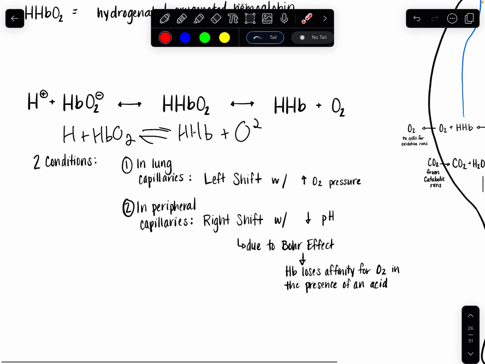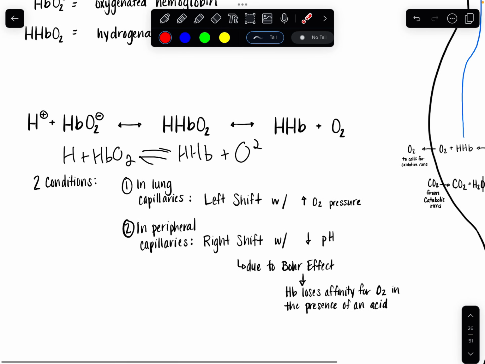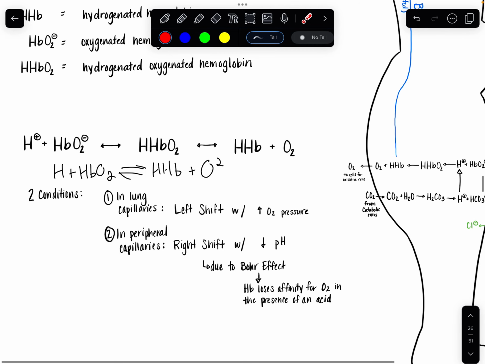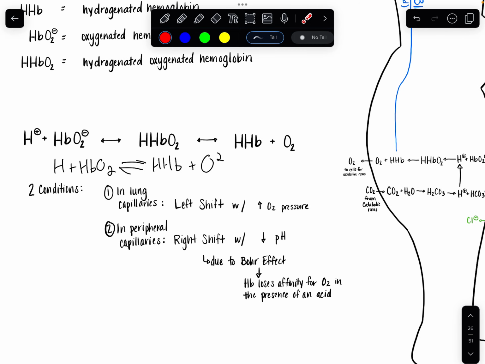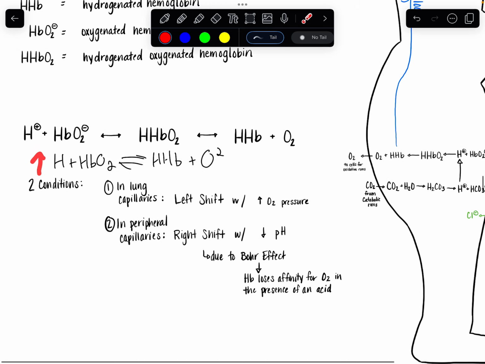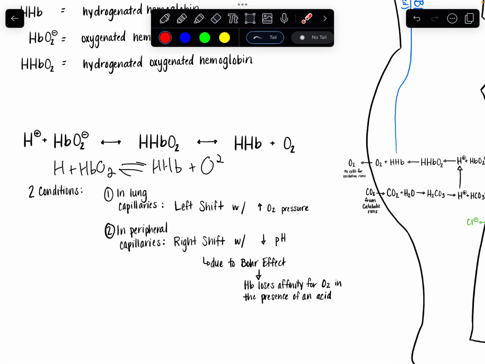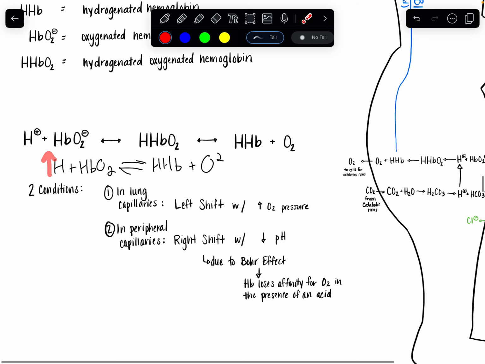Basically, in the lung capillaries, if you have an increase in O2 pressure here, you're going to have more dissociation of hydrogens leaving, and you're going to get a higher concentration of hydrogen. In the peripheral capillaries, it's going to be a little bit different. We're going to have an increase of H pluses or CO2s or just an acidic component.